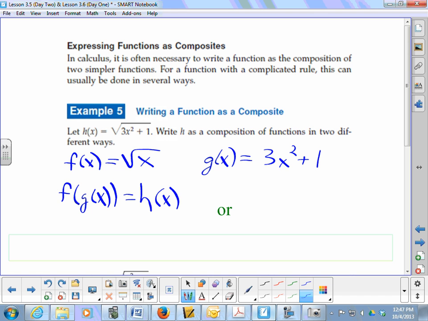So that's one option. The parent function and whatever is inside it or under it, whatever the situation is. So it's just the same thing? Pretty much.